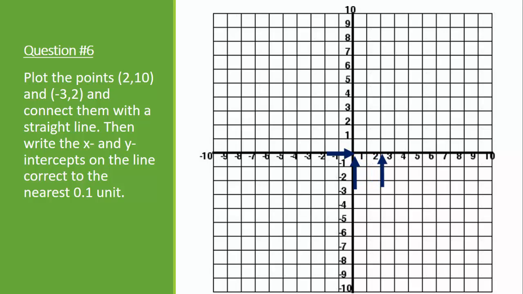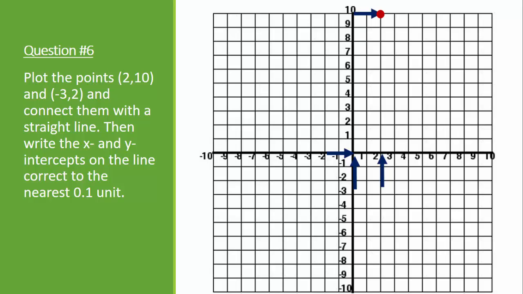And then the y position is 10, so we're going to move up from 0 to 10 and right 2 to give us a position of (2, 10). We're going to place a dot right there. Where that dot is now, it is 10 places above the origin and 2 places to the right of the origin. So x is positive 2, y is positive 10.